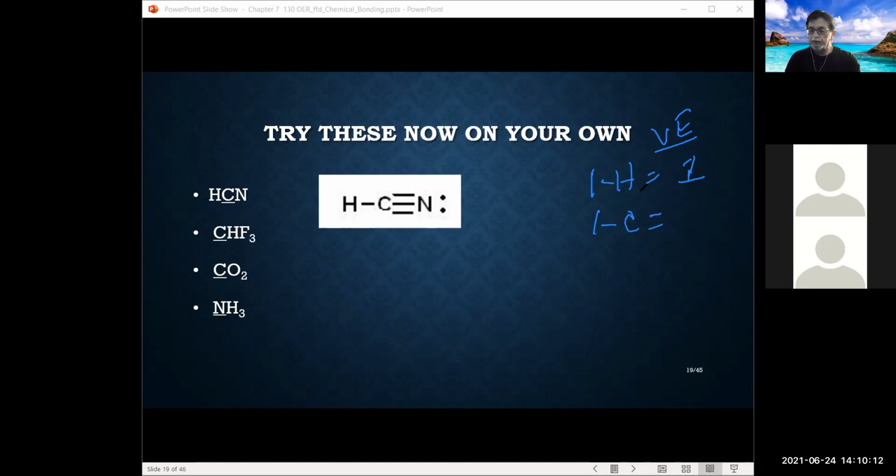I'm saying one carbon because if you have two carbons, then obviously you're going to multiply your valence electrons by 2 or 3 or 4, whatever number of atoms you have. So carbon brings in 4 valence electrons, right? Now, how do I know that? Periodic table, I find carbon's in group 4, IVA, 4A.